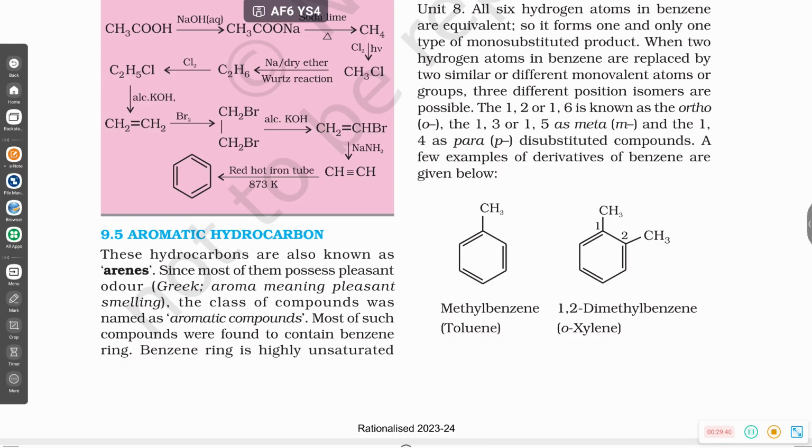But actually, if you go in any chemistry laboratory, the smell is not nice. Sooty flame is a sign of aromatic, but long carbon chain compounds also give sooty flame. So most such compounds were found containing benzene ring.